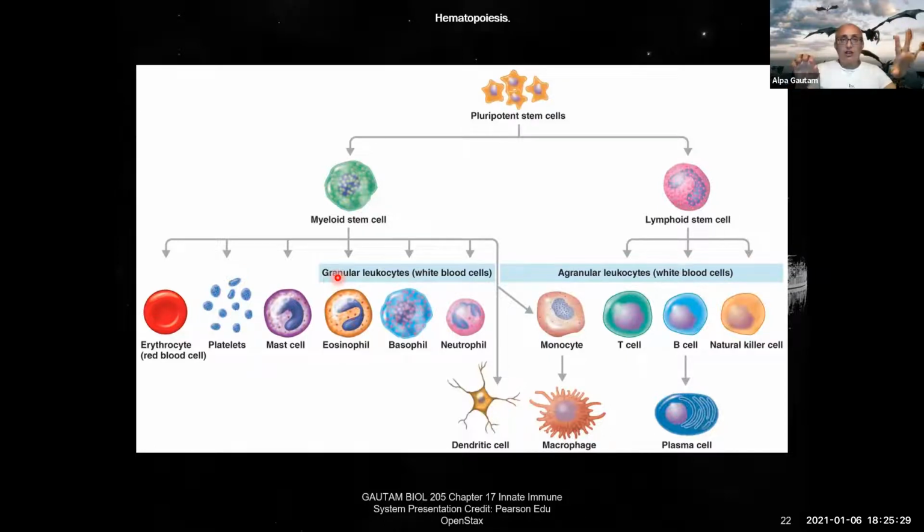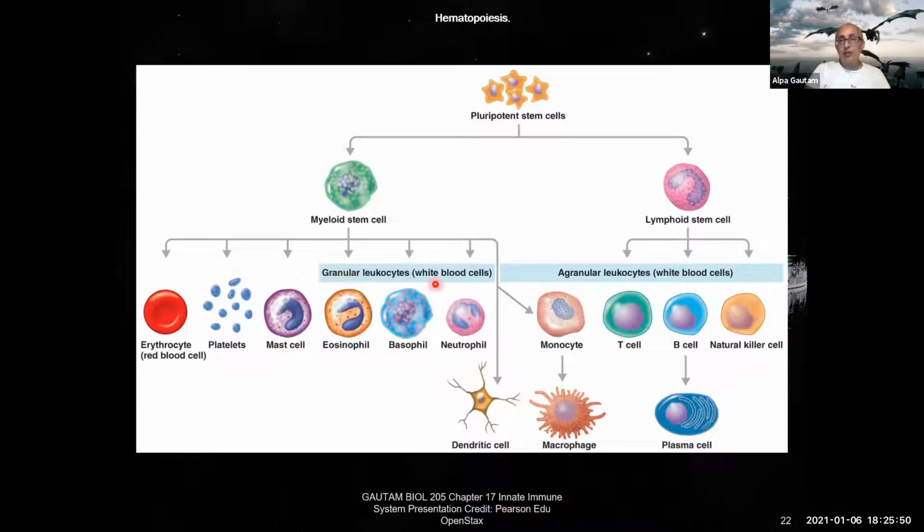Granulocytes are cells that have visible granules. If you look at them under the microscope, you see visible granules in the cytosol. And then agranulocytes are cells that, if you look at them under the microscope, you don't see the granules. It's not that they're not there, it's just that they're not easily visible.